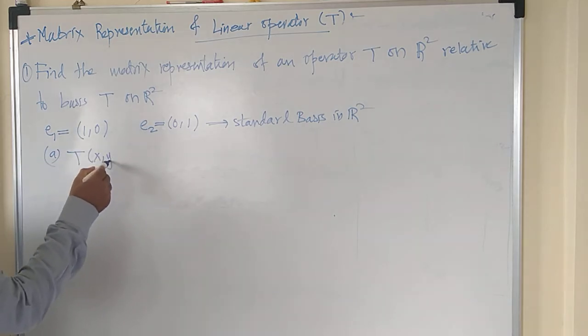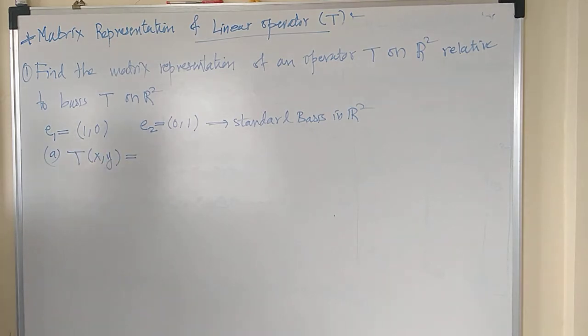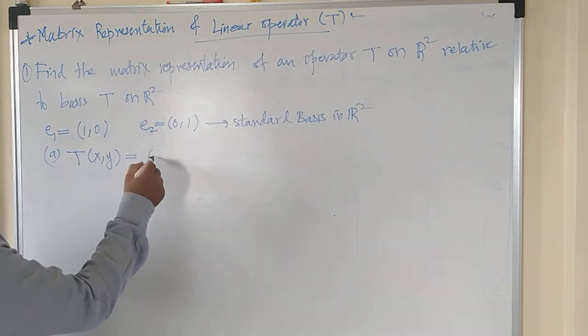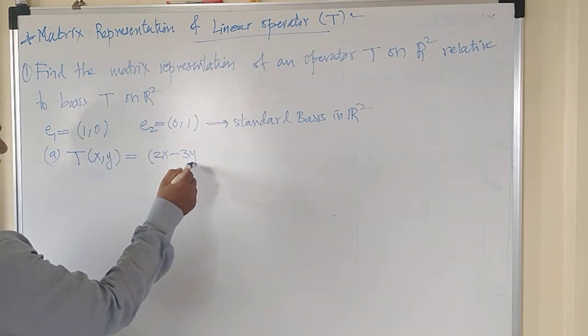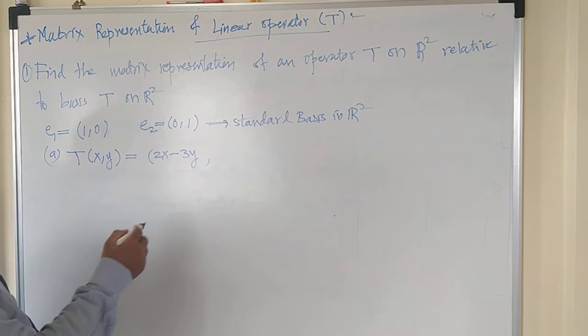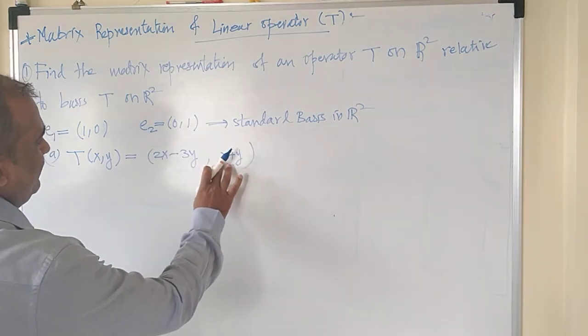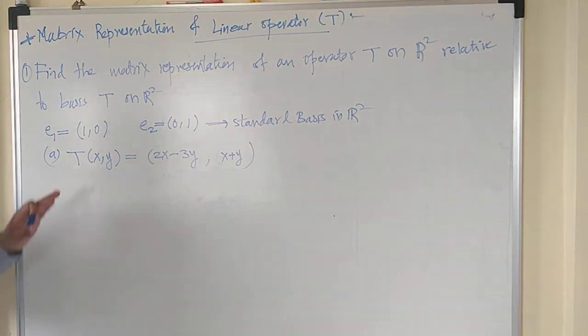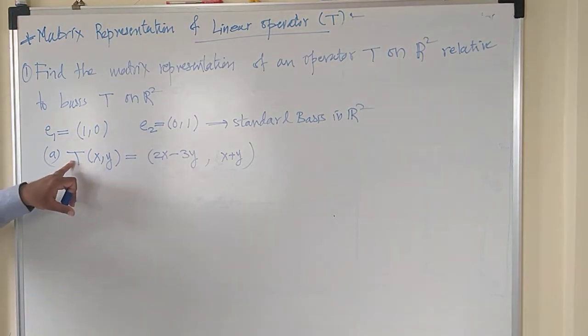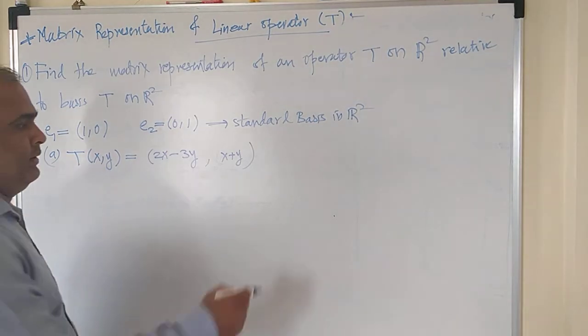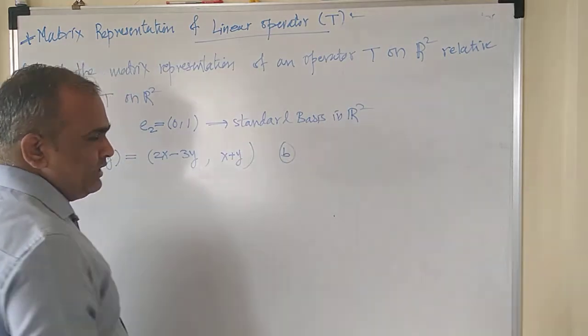So the linear operator is a function of two variables x and y, and T(x, y) equals (2x minus 3y, x plus y).